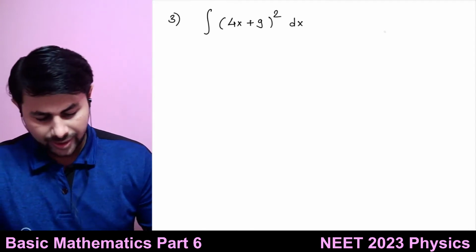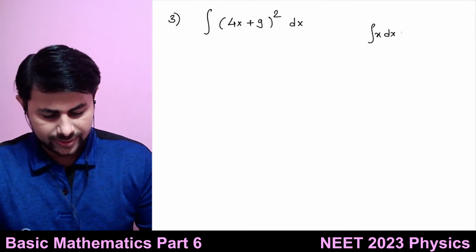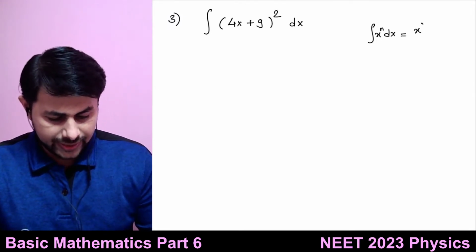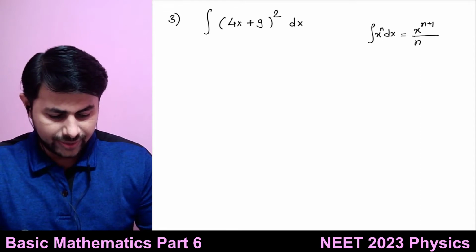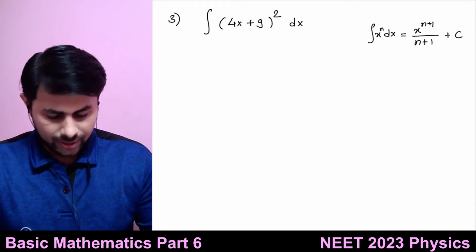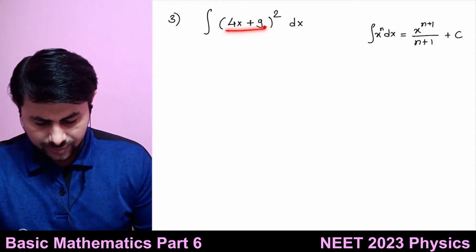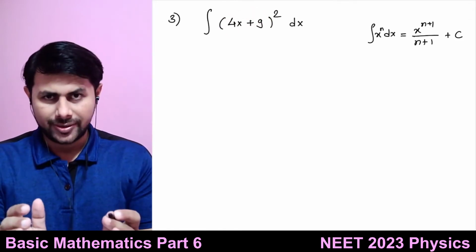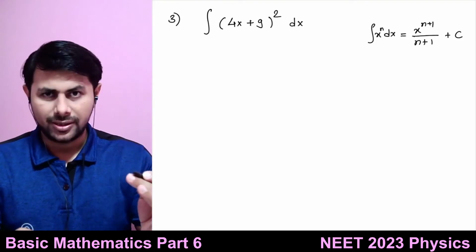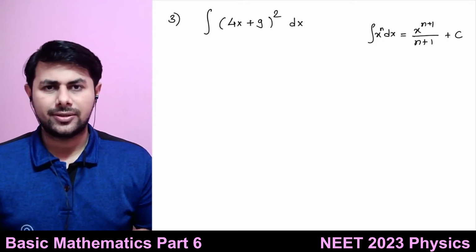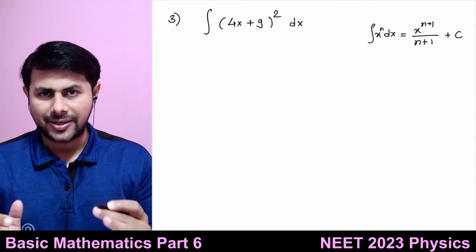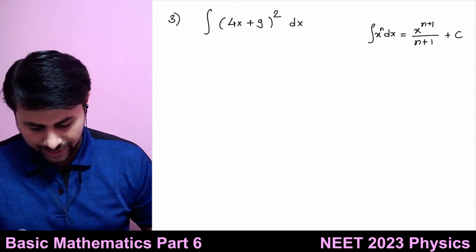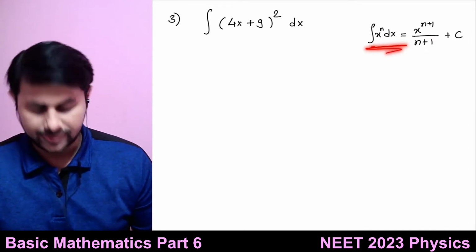So see, if I have the integral of x raised to n dx, that integral is x raised to n plus 1 divided by n plus 1. So I will imagine this thing is x only, or I will just take that bracket. I have a bracket raised to something, so its integral will be that bracket raised to n plus 1 divided by n plus 1. Right. So I am applying this formula as it is.